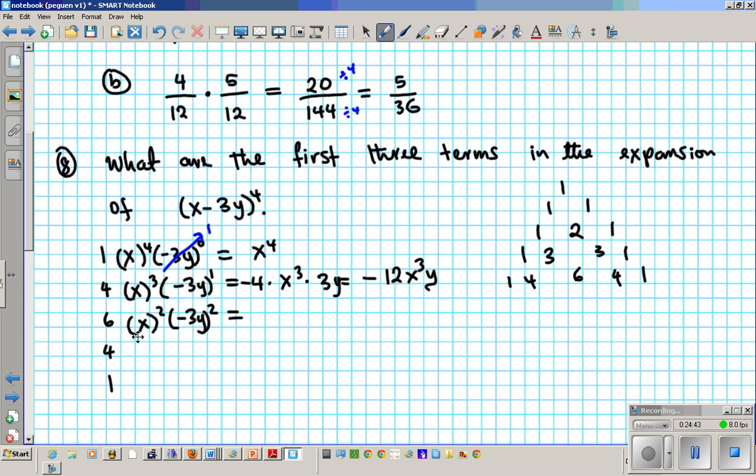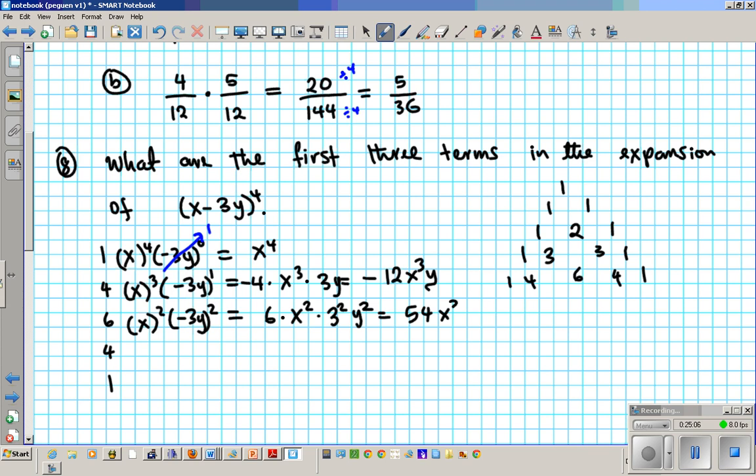And then the last one is going to be 6 times x squared times, since it's negative to an even, that goes away, times 3 squared y squared. The even power killed off the minus, okay? 3 squared is 9, 9 times 6 is 54.